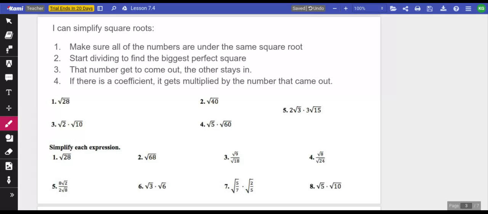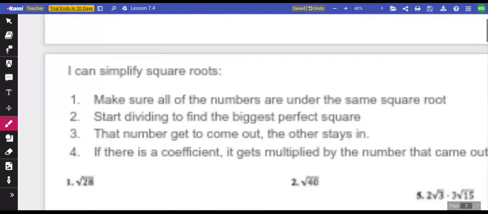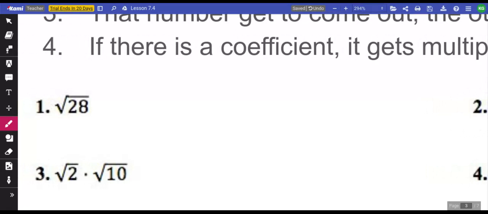Okay, so most of the time when we try to simplify square roots that aren't perfect whole numbers, the two numbers that we break it up to is a perfect square and a prime. So when I try typing the square root of 28 into my calculator, I get a decimal of 5.3. And we don't want to use decimals, so we want to try to break 28 up into a perfect square and a prime.